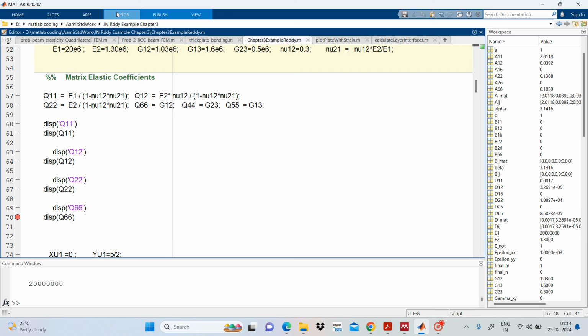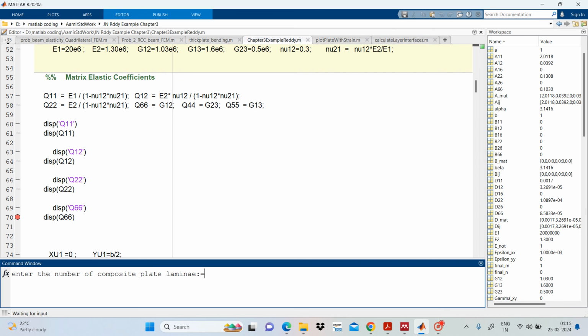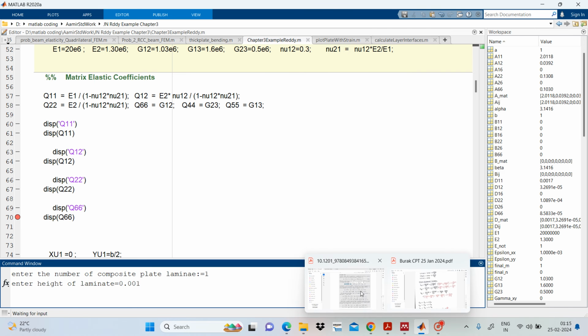For this example, I think it is only for a single layer. So enter the number of composite plate lamina. We want a single layer. And what is the height of the laminate? 0.001 inch, I think they have given in the problem.